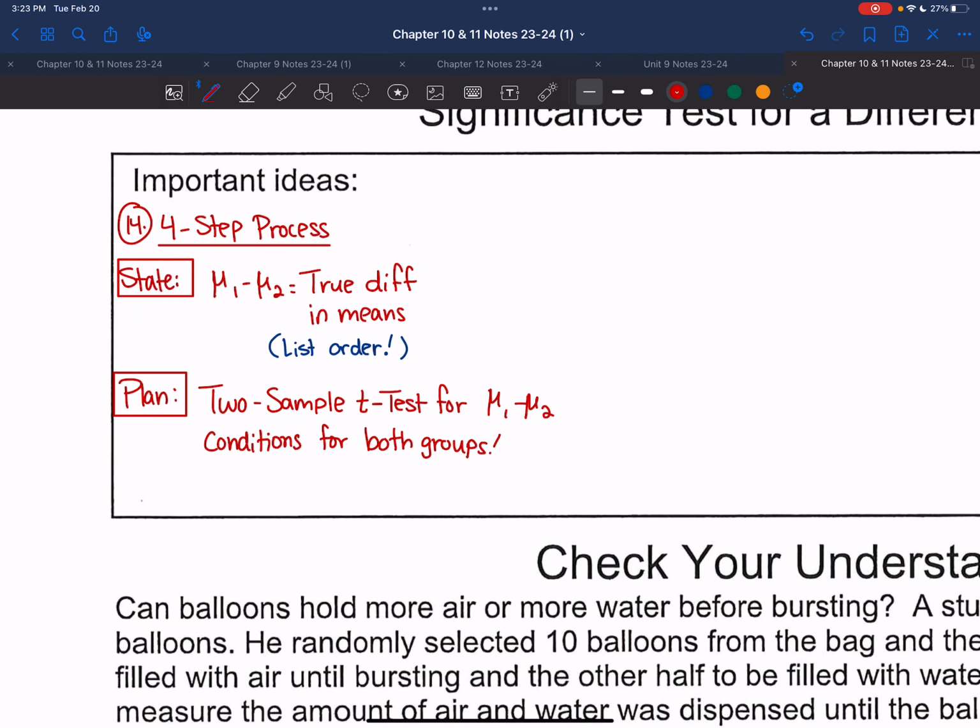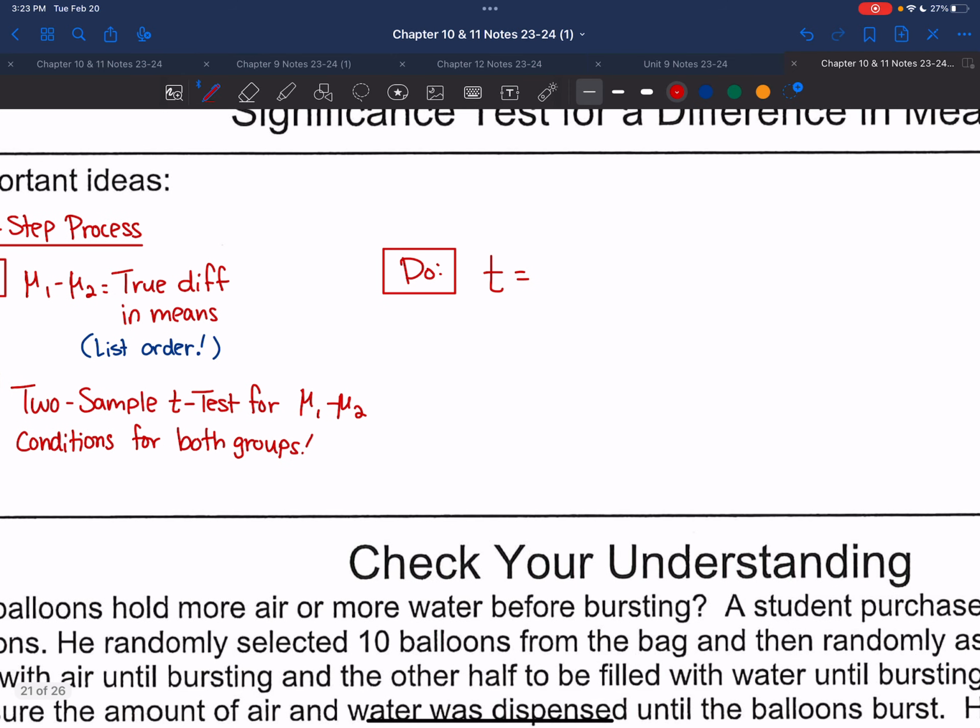In the do section, some important things. Number 1 is our test statistic, T. That's represented as x bar 1 minus x bar 2 minus mu sub 1 minus mu sub 2, divided by our standard deviation, which is the square root of S1 squared over N1 plus S2 squared over N2.